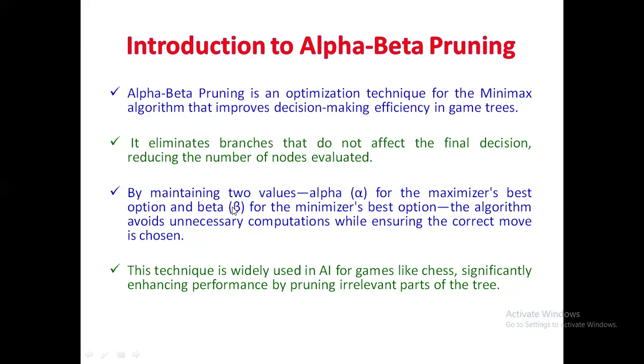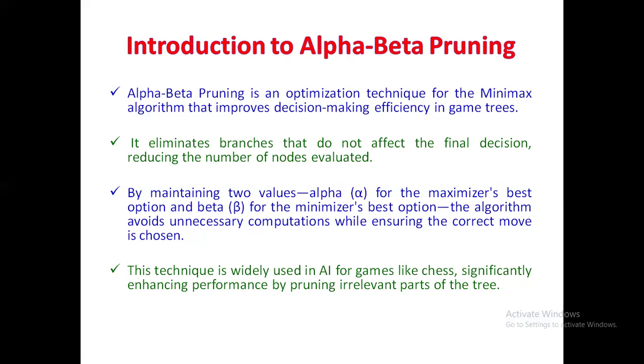Next, managing alpha beta values. The efficiency of alpha beta pruning relies on maintaining two key values. What are they? Alpha, given by this symbol, and beta. Alpha represents the best option available to the maximizer, while beta represents the best option available to the minimizer.